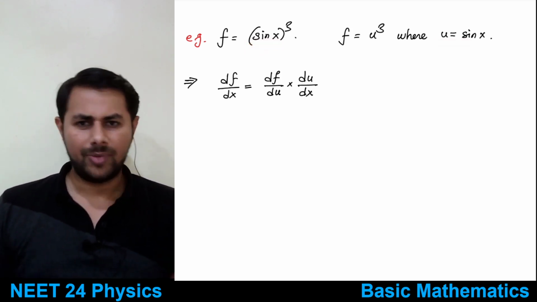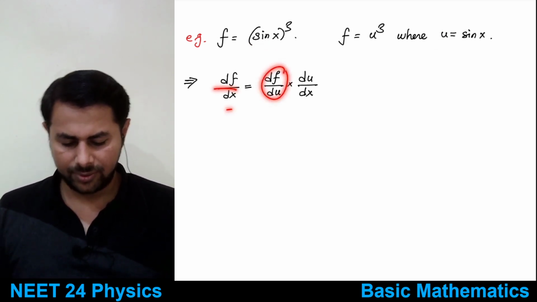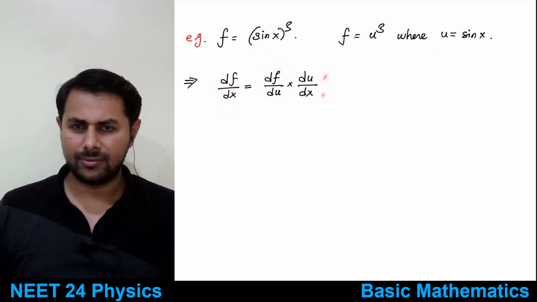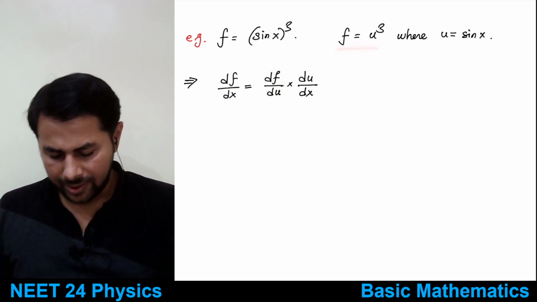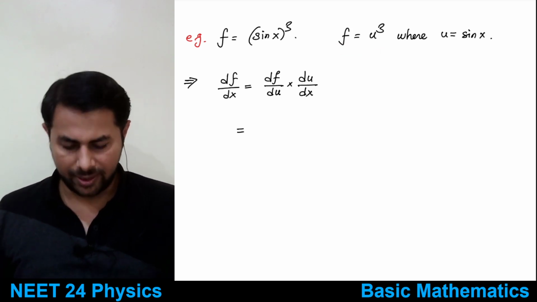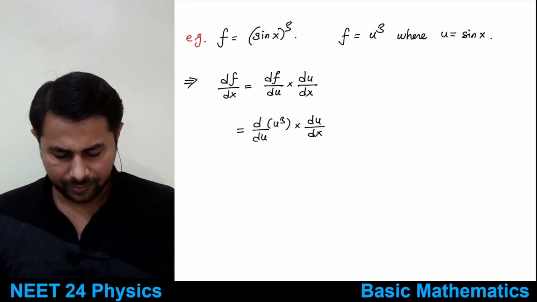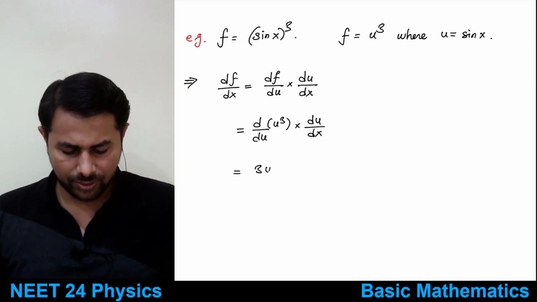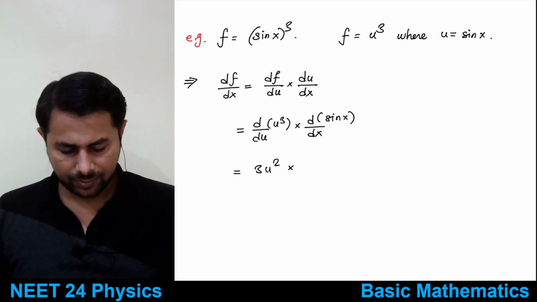Now apply the chain rule. It's simple. So df by dx is equal to df by du multiplied by du by dx. What is your f? It is u cube again. So d by du of u cube multiplied by du by dx. So this is 3u square multiplied by du by dx. What is u? U is sine of x, right?